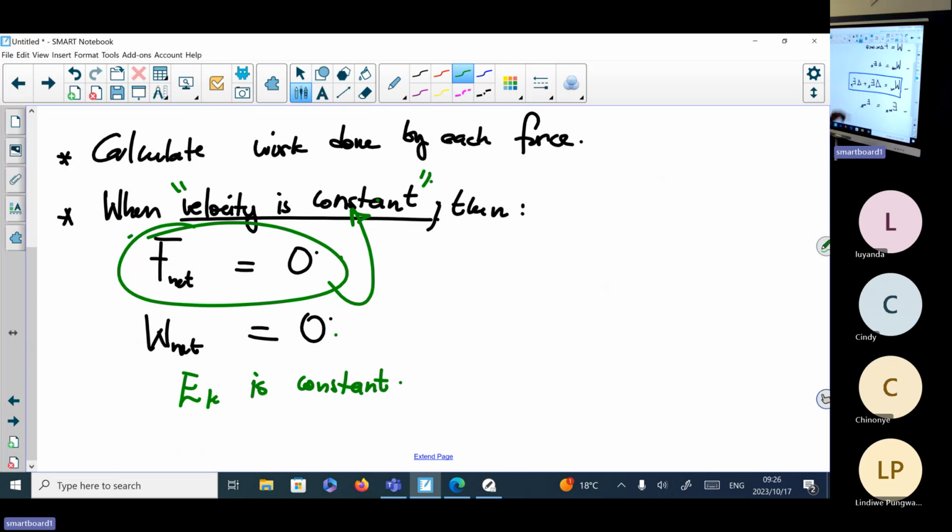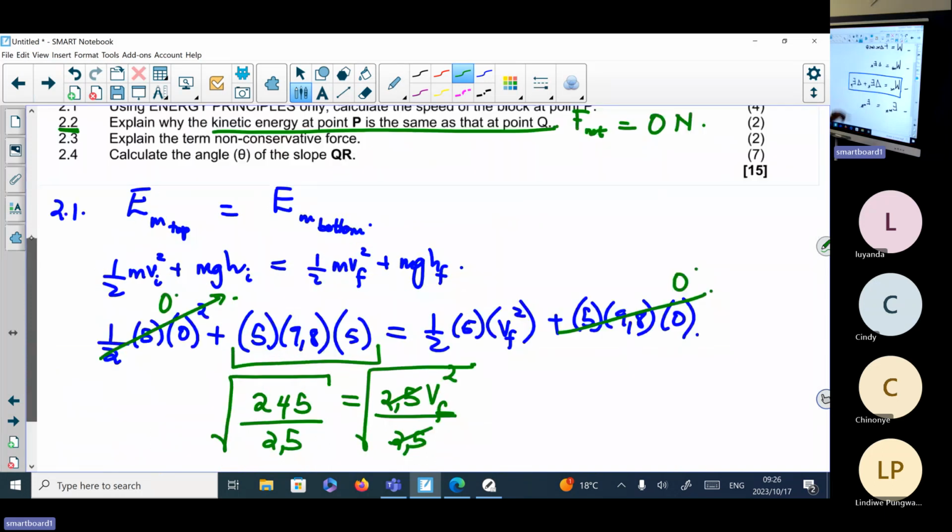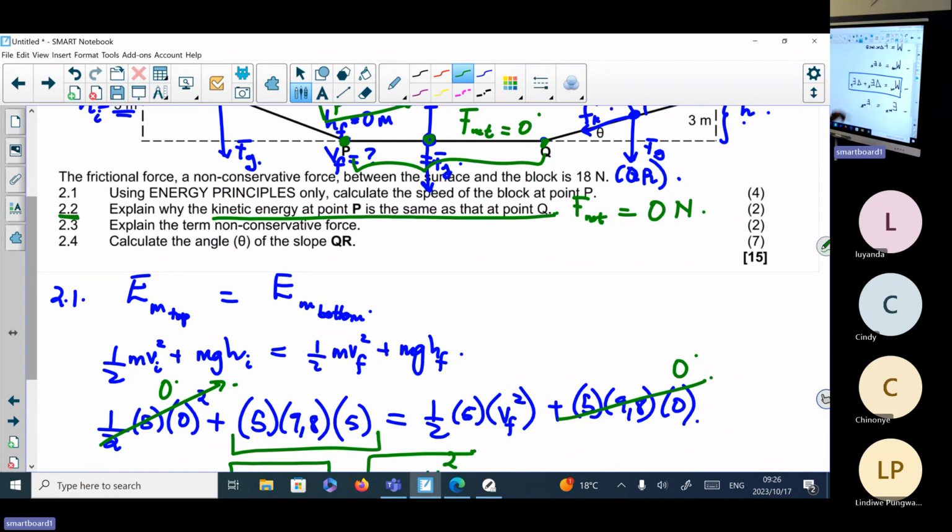Kinetic energy of an object will remain constant, provided velocity is constant. If the velocity is constant, kinetic energy is constant. If the kinetic energy is constant, net force will be 0, and the work done by the net force will also be 0 joules. So I hope you guys are with me. Any questions before we move to the next, 2.3?